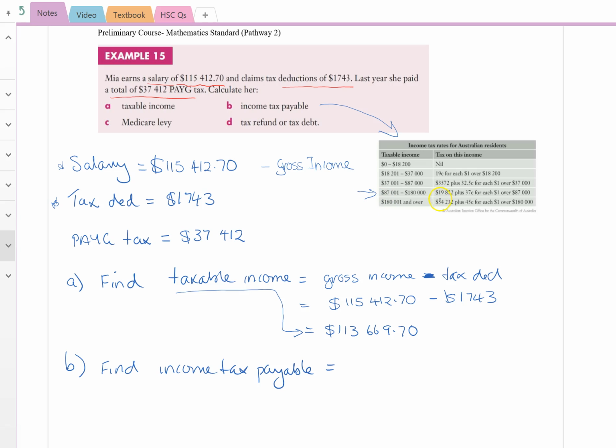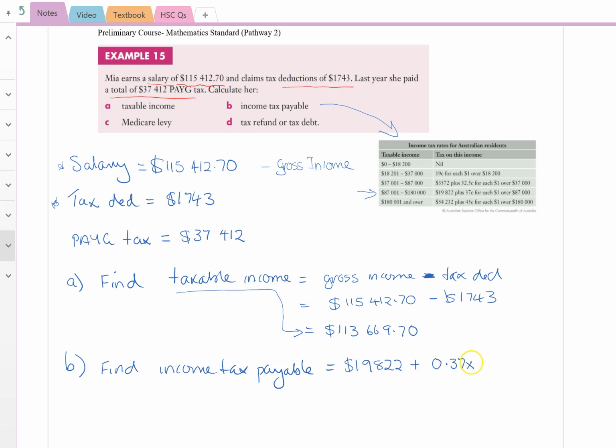And at that row, it says the amount of tax on this income is, you start with 19,822. And the word that comes next is plus. So translate that mathematically. 37 cents is 0.37.